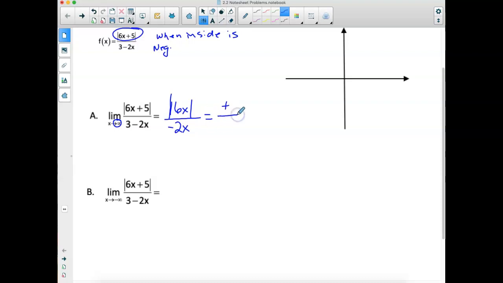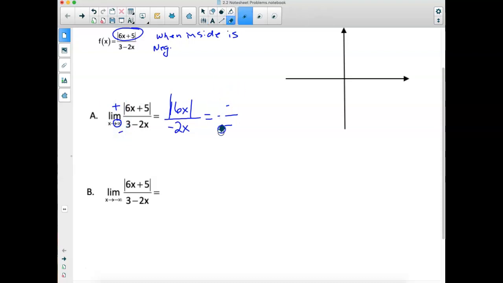The denominator, if I put negative infinity in here and take that times -2, or if I put positive infinity times -2, my denominator is always unconditionally going to be negative, correct? Regardless of anything. So I'm going to see a positive over a negative in the end. My numerator is going to be positive, my denominator is going to be negative.